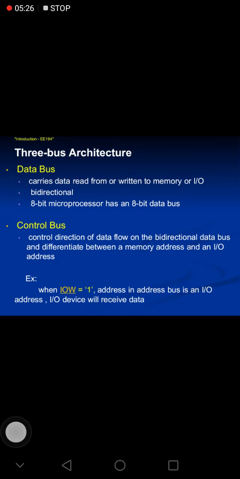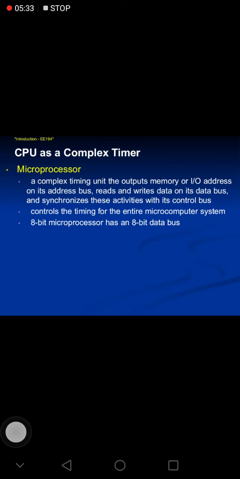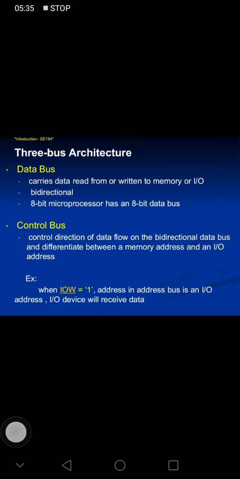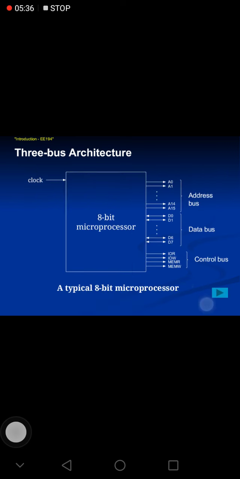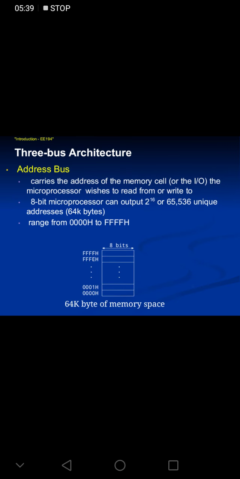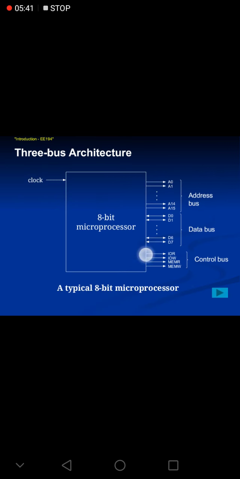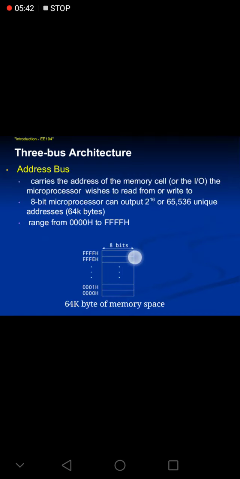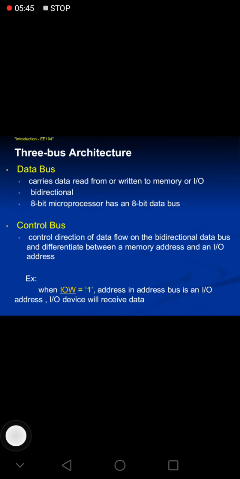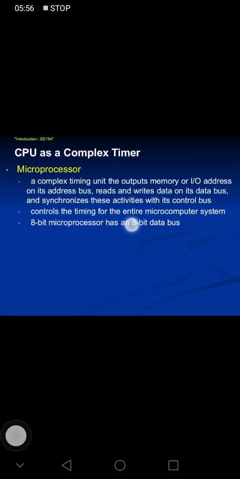For example, when IOW is equal to 1 in our control bus, the address on the address bus is an IO address. So the IO device will receive data in that case, if it is equal to 1.